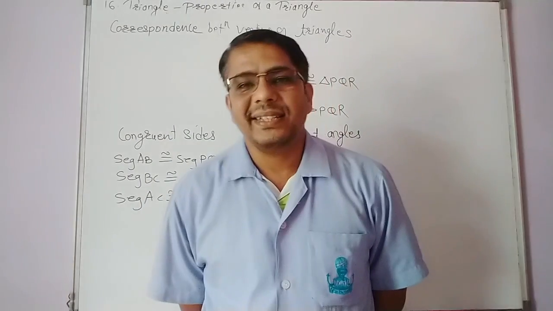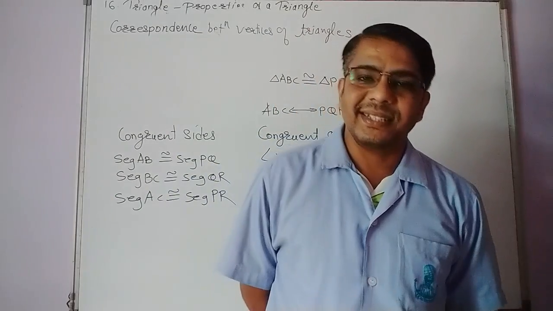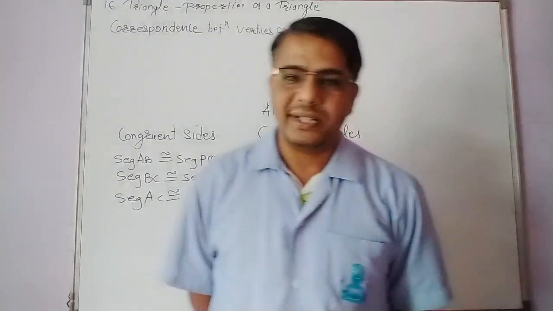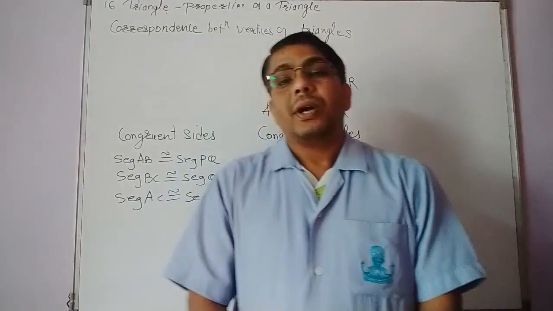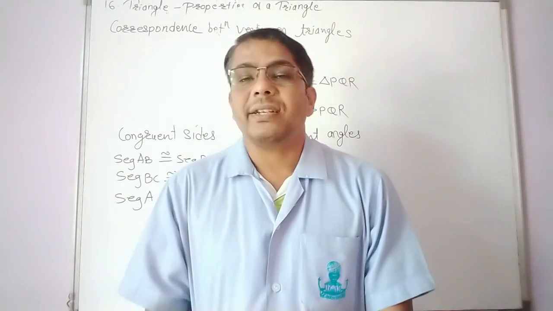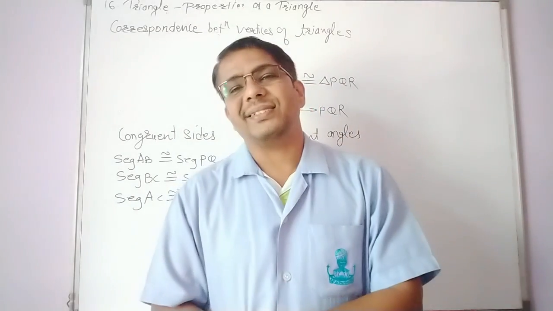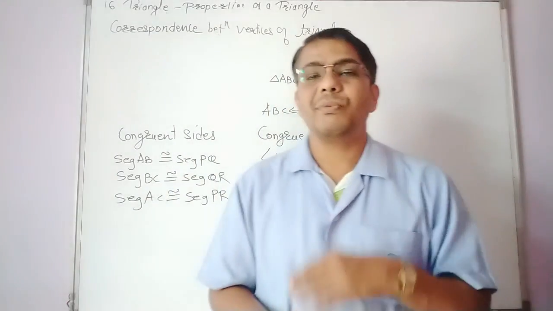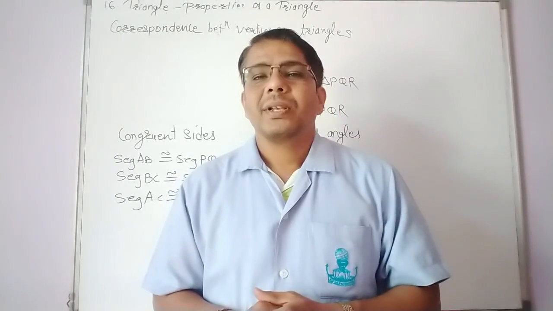Now, the tests for congruency of triangles, as I have said: SAS test, that is side angle side test, SSS test, then ASA test, and hypotenuse side test. One more thing: whether we can construct a triangle or not, we can decide without measuring the length or actually drawing the figure. How?